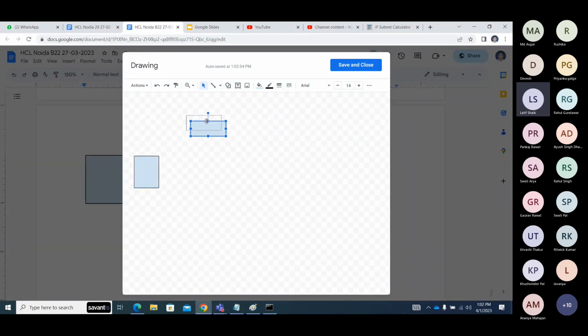We'll discuss that also. So, Wi-Fi router. This Wi-Fi router has connectivity to the ISP.